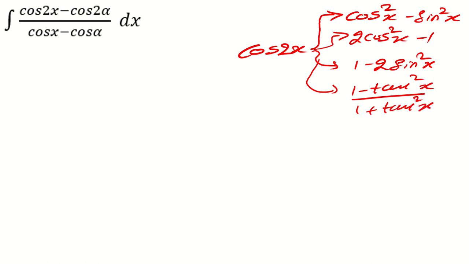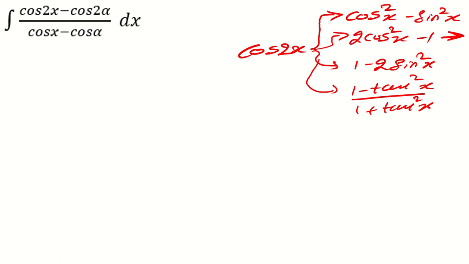Now which formula you have to use for cos 2x depends on the practice, and you will also get the hint from other expressions in the question. For example, here you see the denominator is written in terms of cos only. It means you will apply the formula for cos 2x where you deal with only cos. So no doubt we are talking about this second formula.